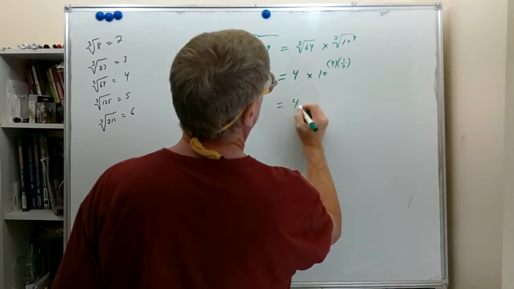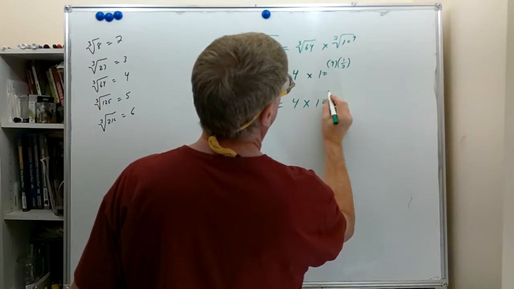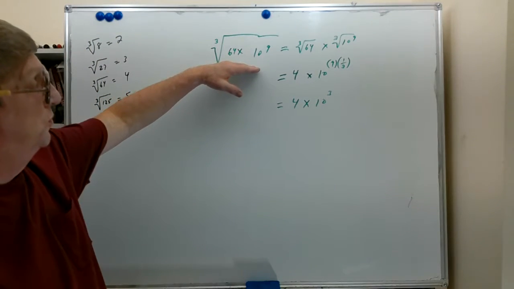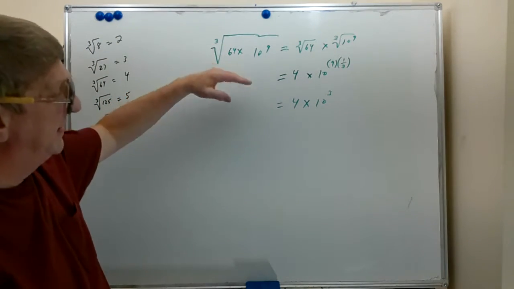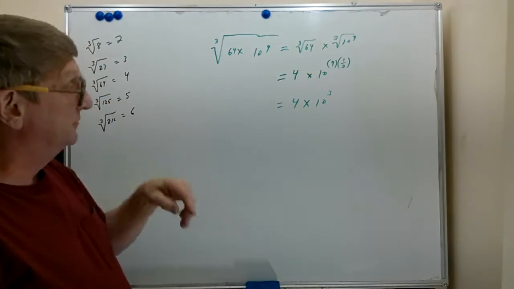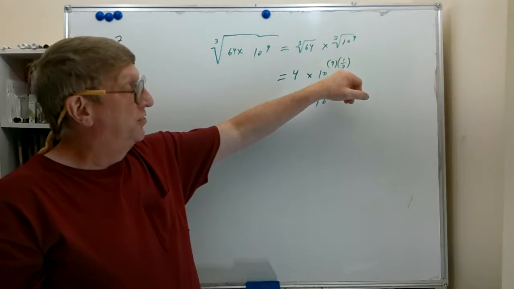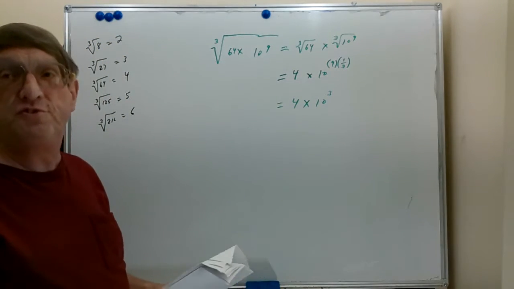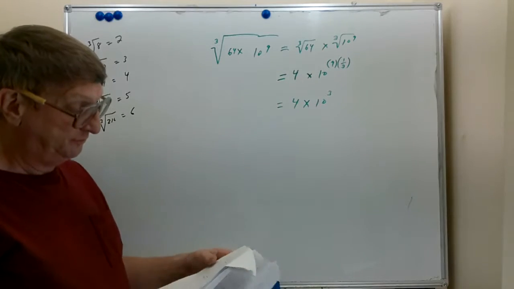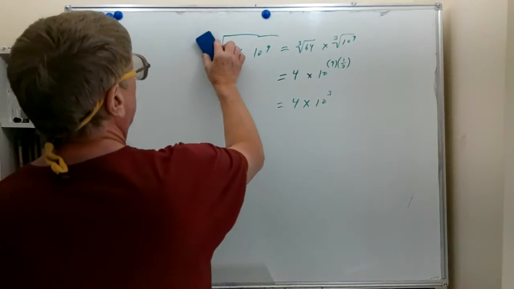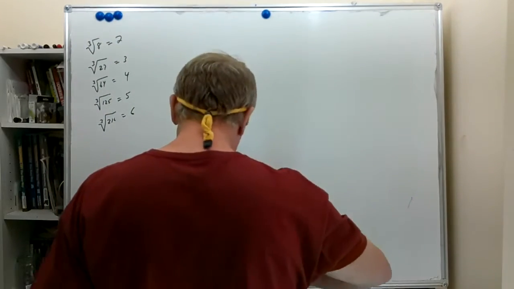Basically it becomes 4 times 10 to the 3rd. So we've taken this product under a radical sign and reduced it to just a number and a power of 10. We use the fact that a cube root is a 1/3 exponent, that they're equivalent operations, to help us do that. We're going to do one more example here and probably call it a day.